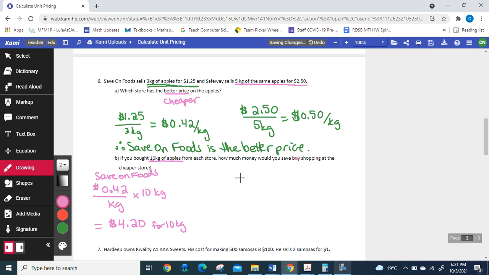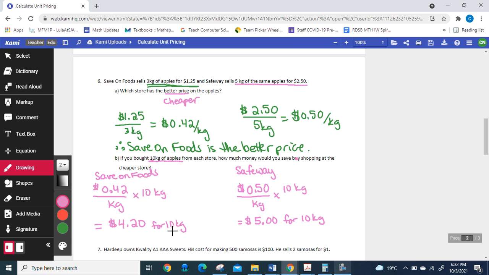Now let's try Safeway. They are charging 0.50, so 50 cents per kilogram. If I want 10 kilograms, again, let's move that decimal place. That will give me $5 for 10 kilograms.